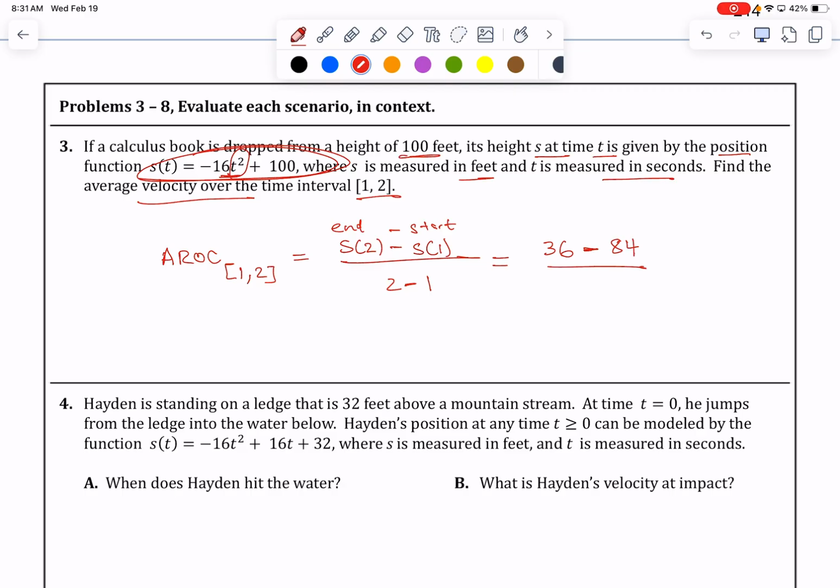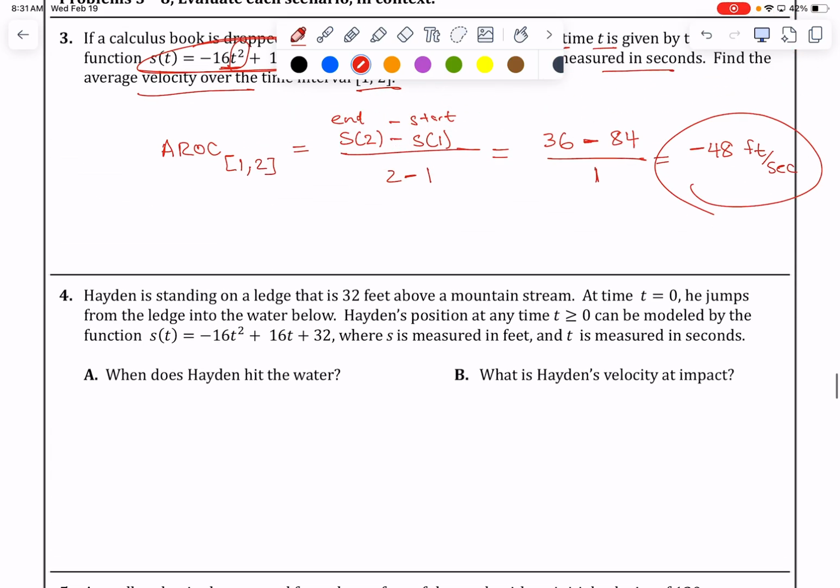Yep. Over 1, and then what's 36 minus 84? Negative 48? Yep. So negative 48, and it's feet per second. There we go, done with that one.